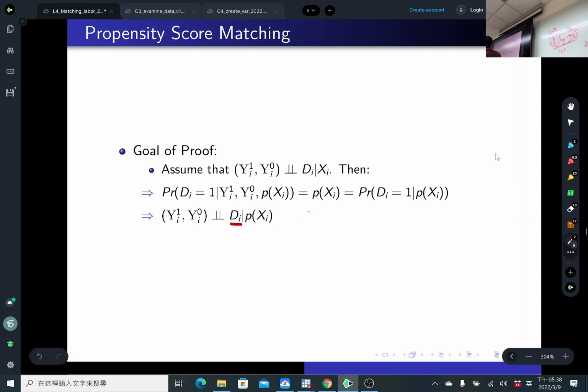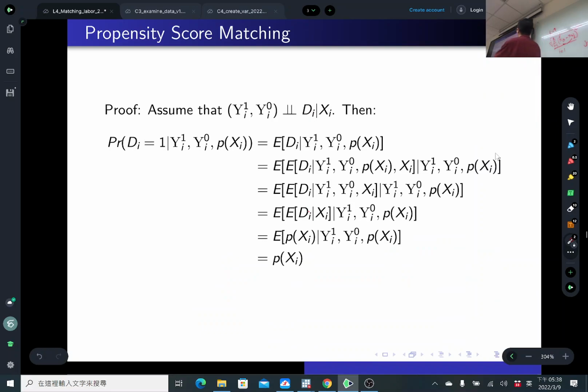That will make the treatment status unrelated to the value of potential outcomes. Okay. So first, given this is true, we want to show this term, the probability of getting treatment conditional on this, is equal to this. Why is this true? This is the expectation of whether you get treatment or not.